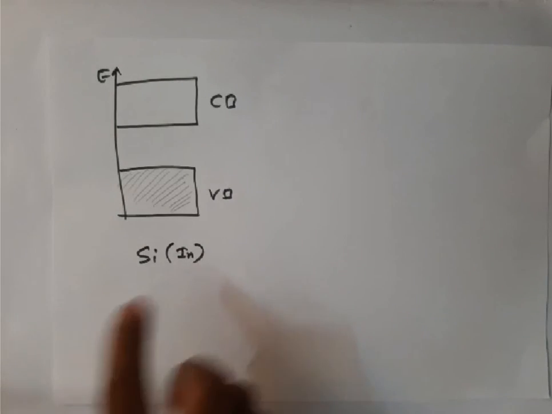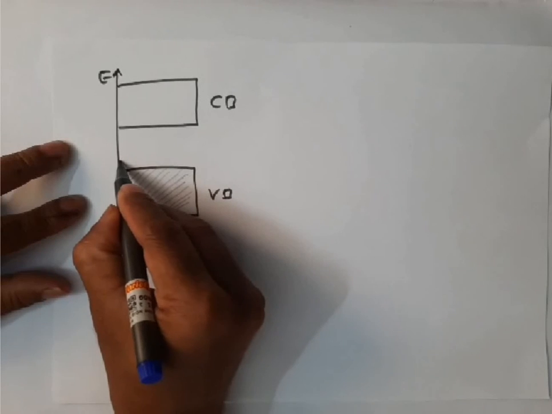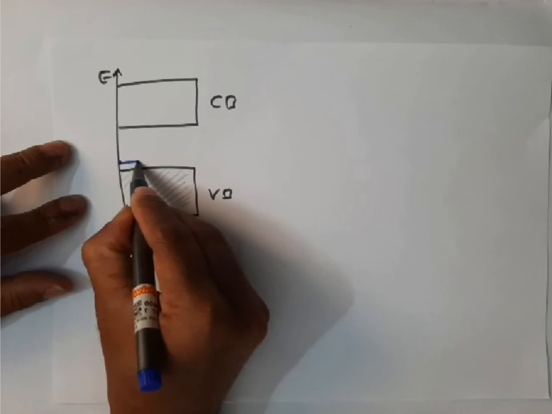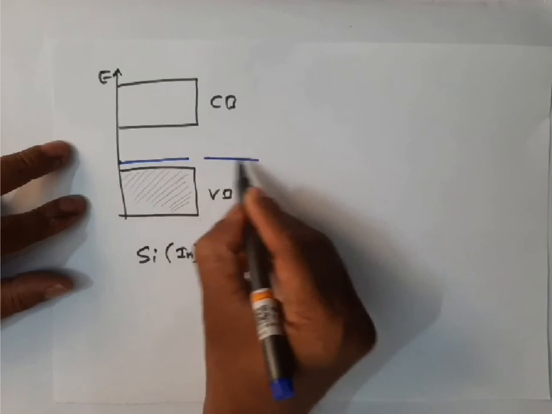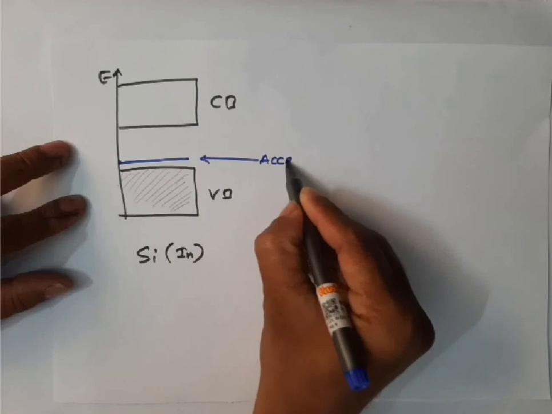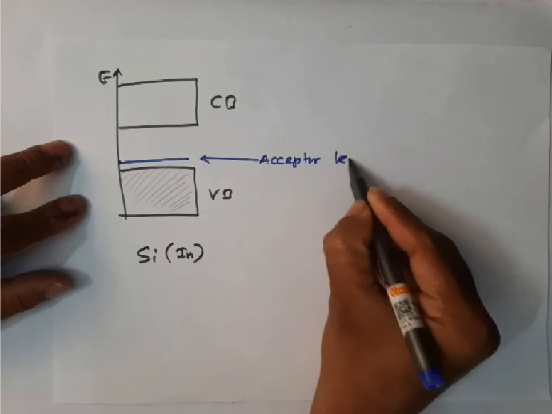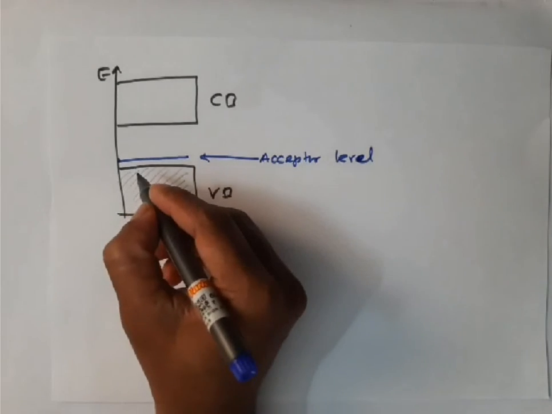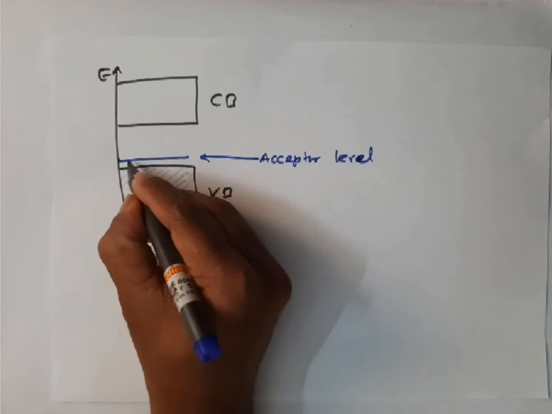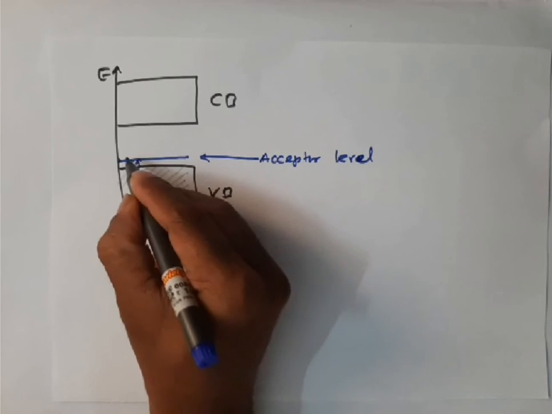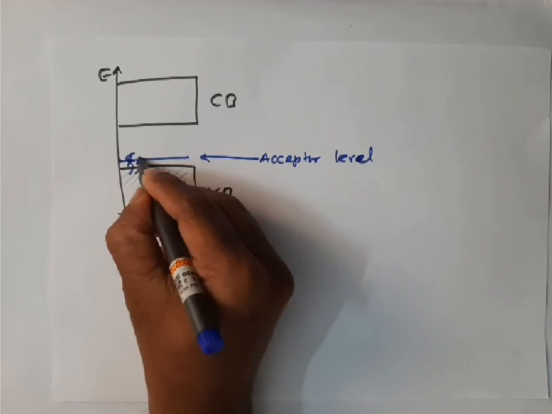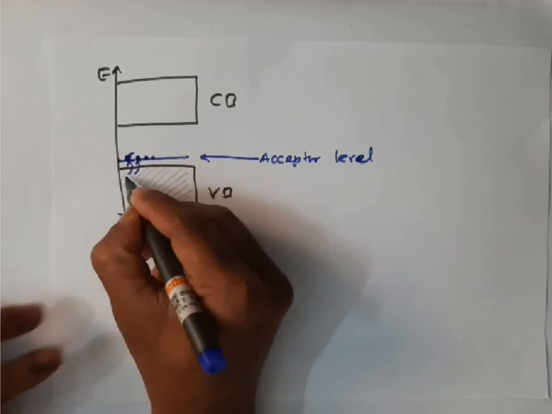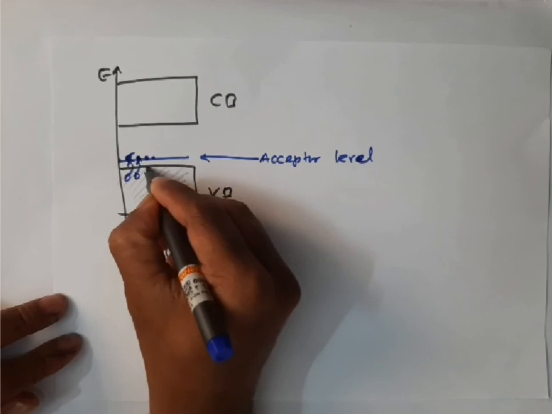Indium will generate what is called an acceptor level near the valence band. This is the acceptor level. What will this acceptor do? The acceptor will gain electrons from the valence band. Whenever electrons go here, you'll get many holes.